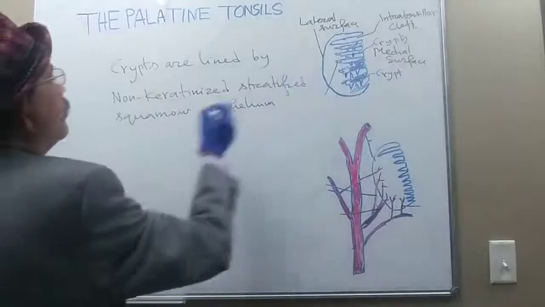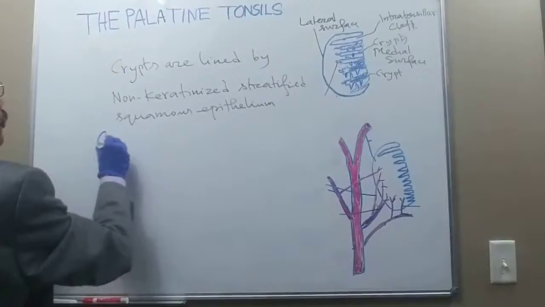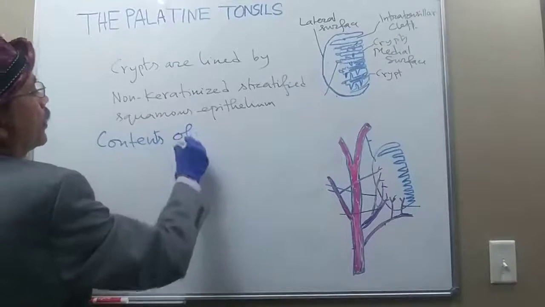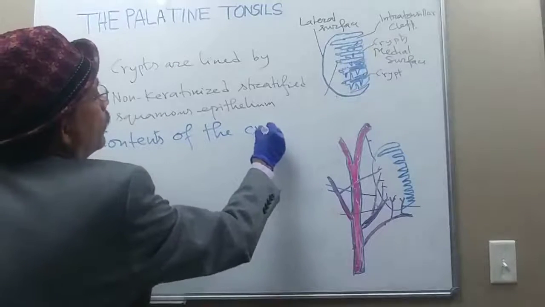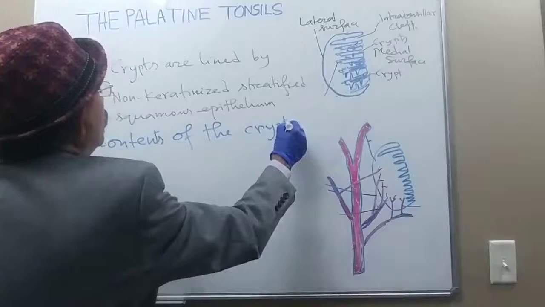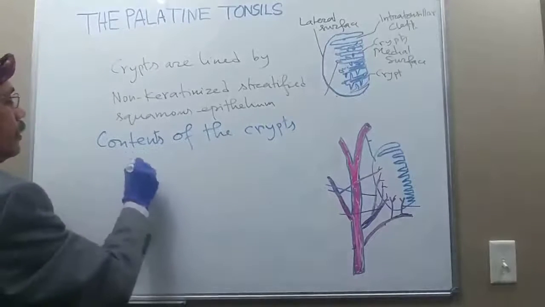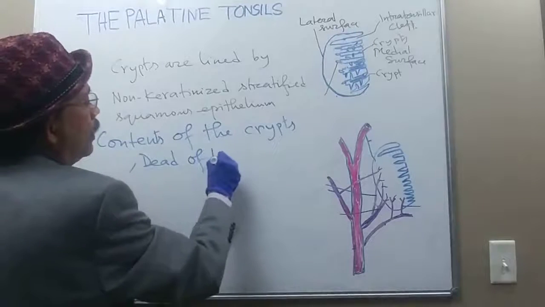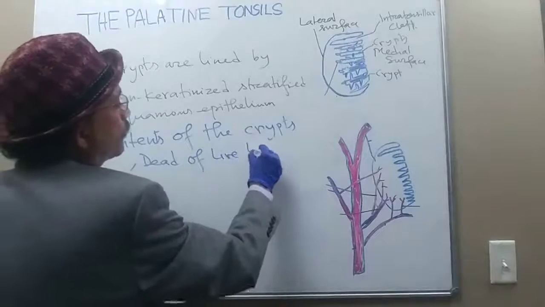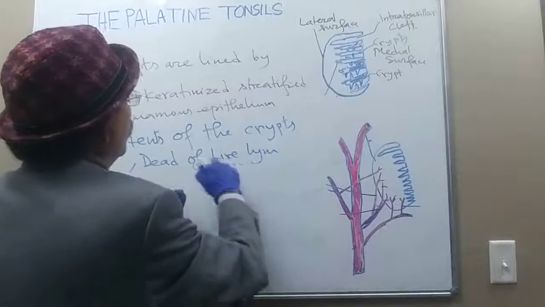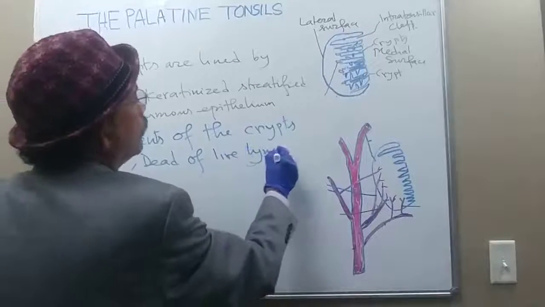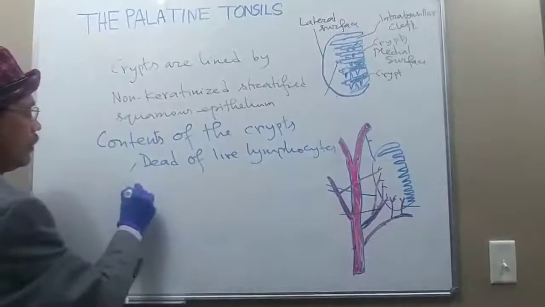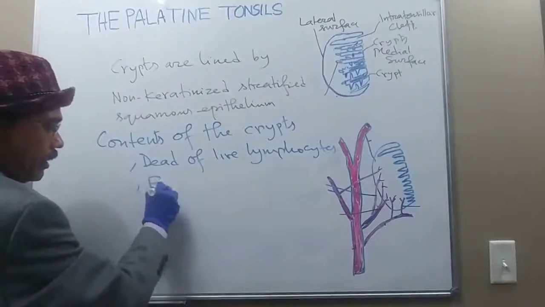What are the contents of the crypt normally? The crypt contains dead or live lymphocytes, both B lymphocytes and T lymphocytes, and epithelial debris.